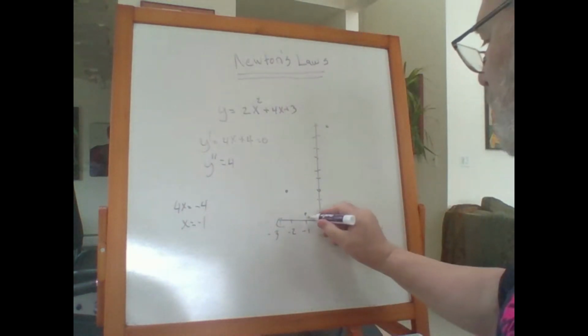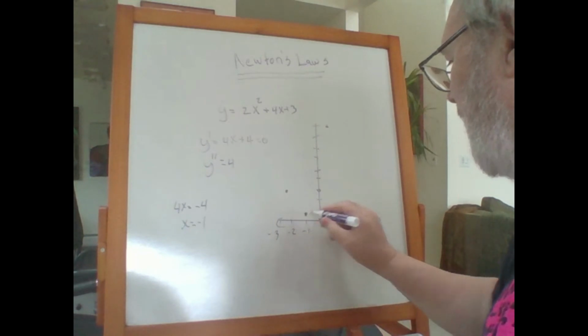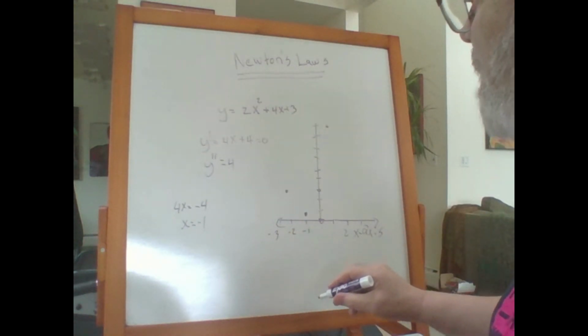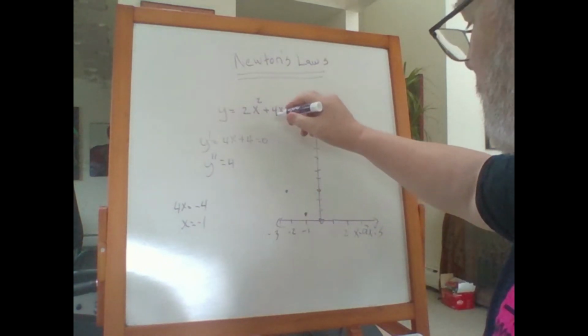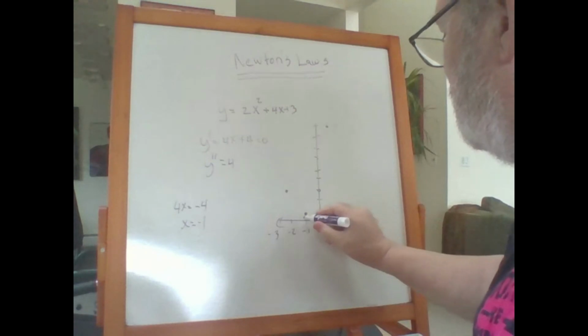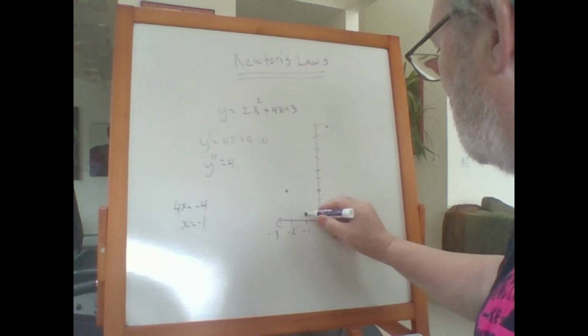So there is an extrema at x = -1, and the value is 1 at -1.